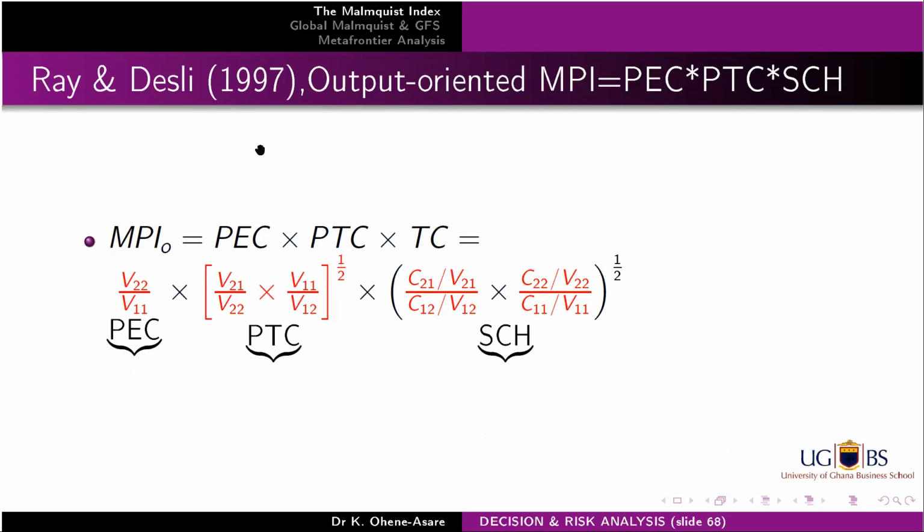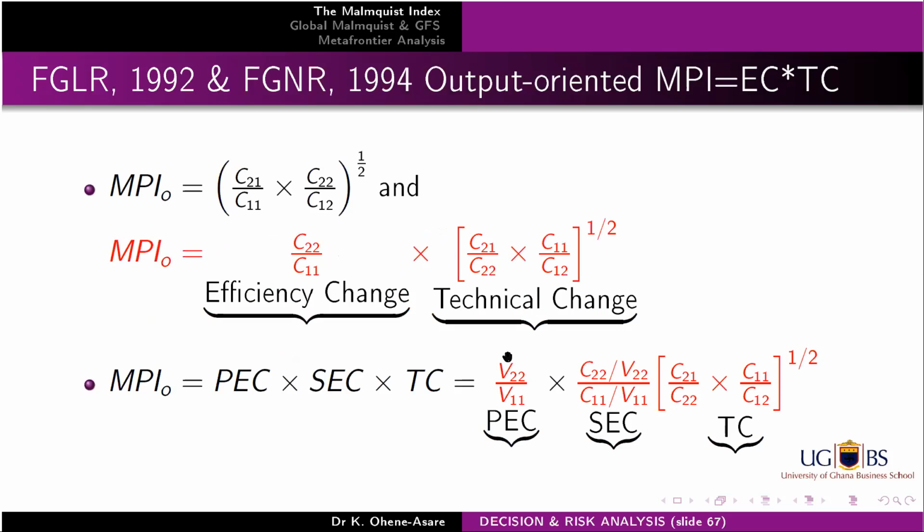Now, in the Fare, Grosskopf, Norris, and Zhang one, you have pure efficiency change, pure scale efficiency change, and then technical change. But in Desley's one, you have pure efficiency change, and that one doesn't change. You can see that it was still here: V22 over V11 is the same thing here. So that one doesn't change. What about the one in the square bracket? Watch it here: C21, C22, C11, C1.